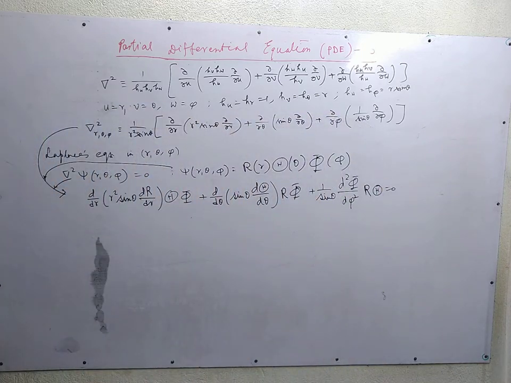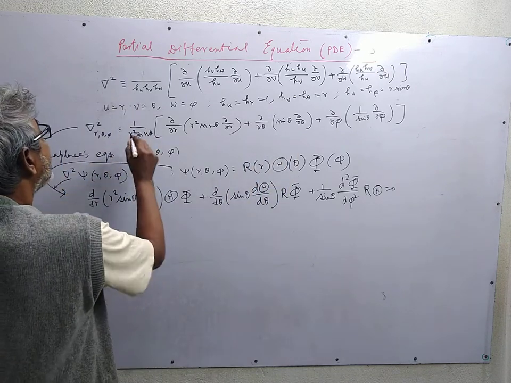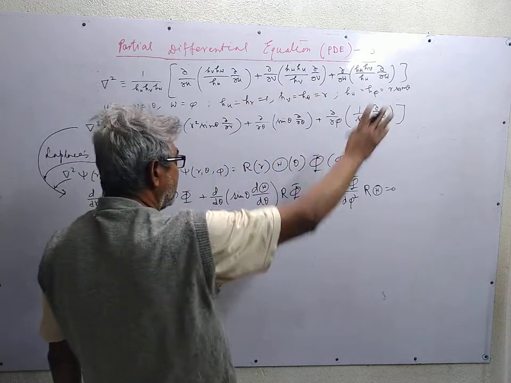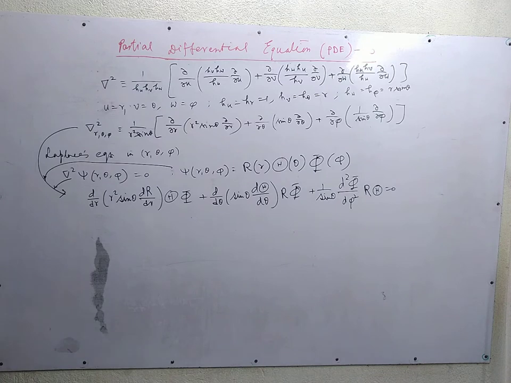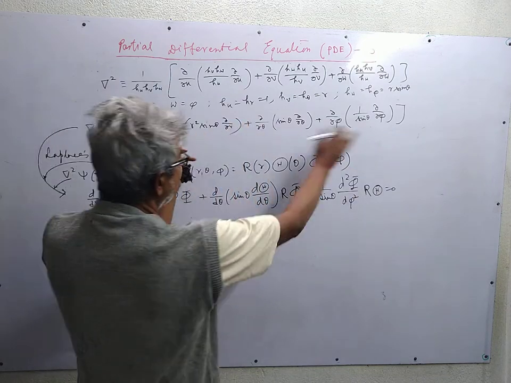Let me explain the step once again. Since the right hand side in Laplace's equation is 0, we have ignored this part because it can be multiplied to the 0 on the right hand side, which is again 0. Now this wave function is being operated on by this operator.